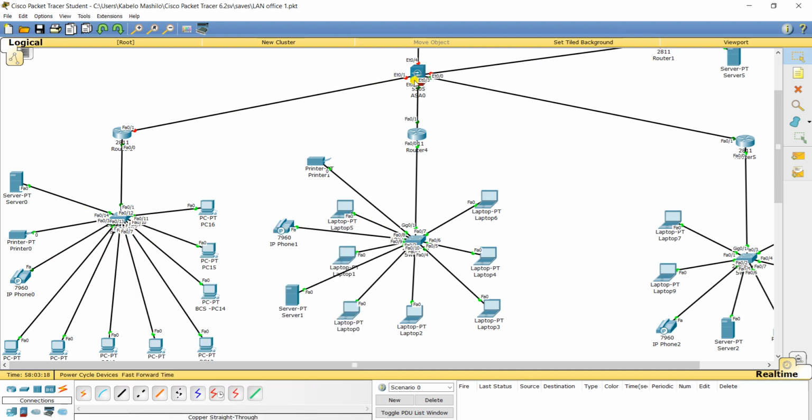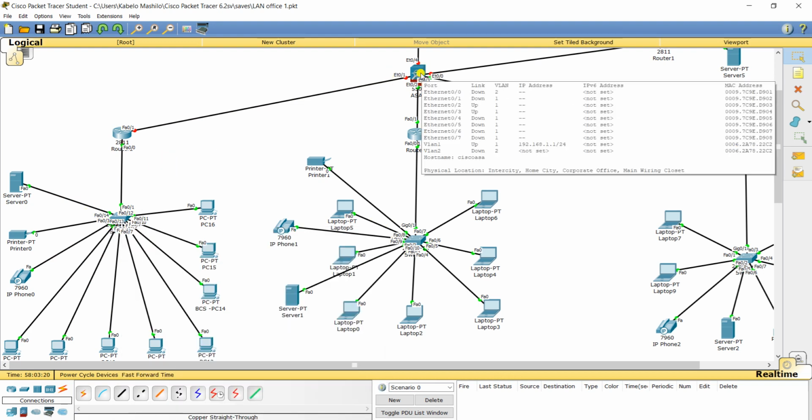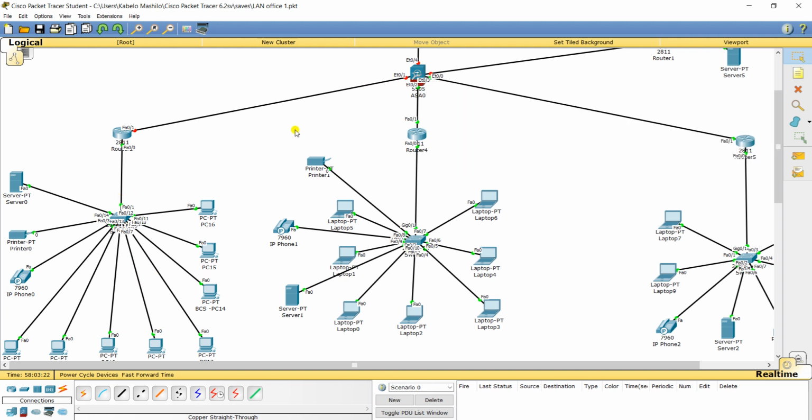And now we need a security expert to assist us in configuring the security firewall for this building. So now the networking team will liaise with the security team.